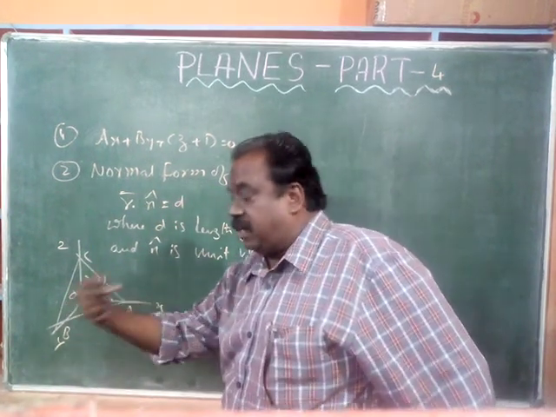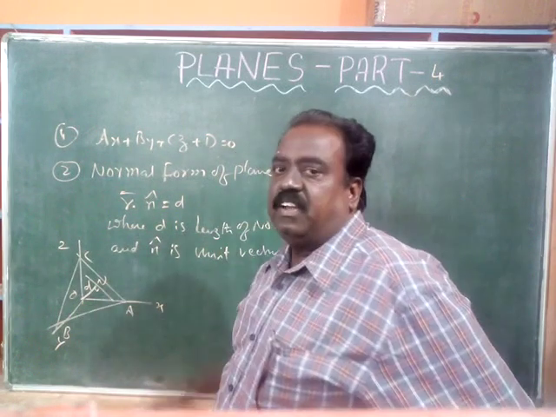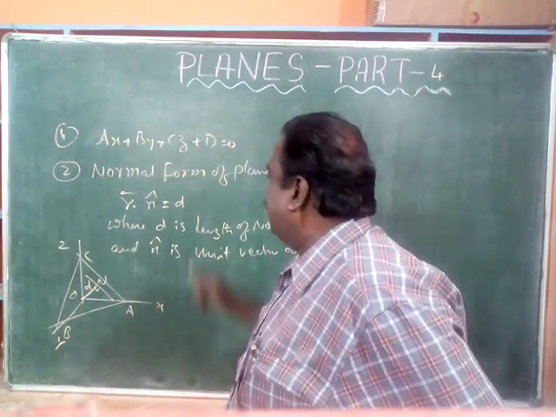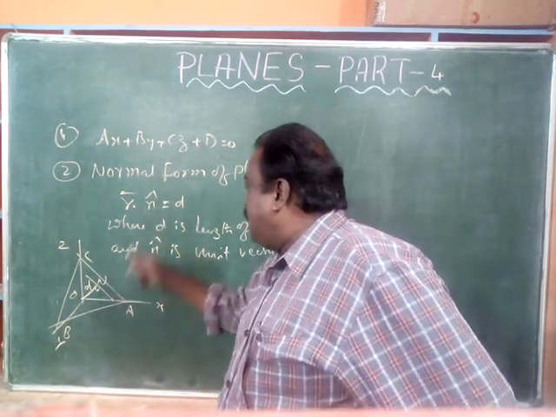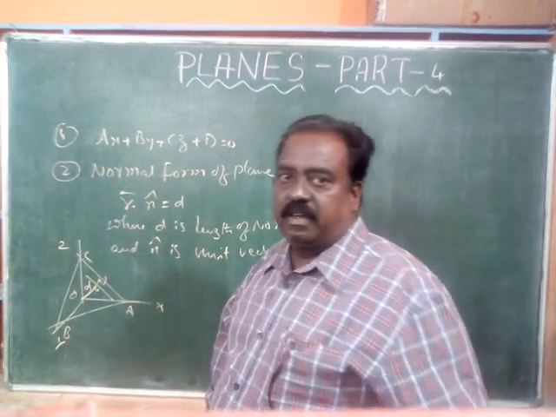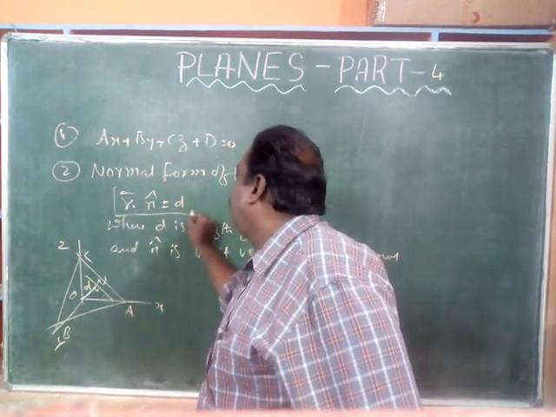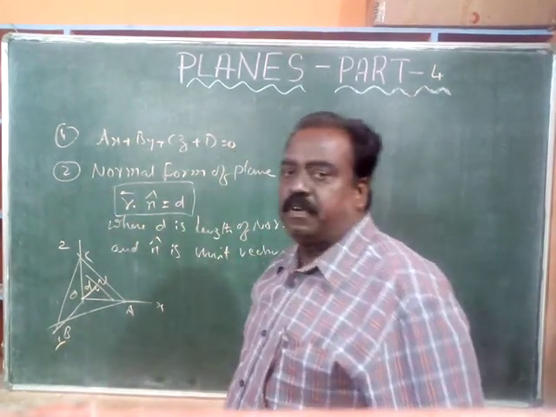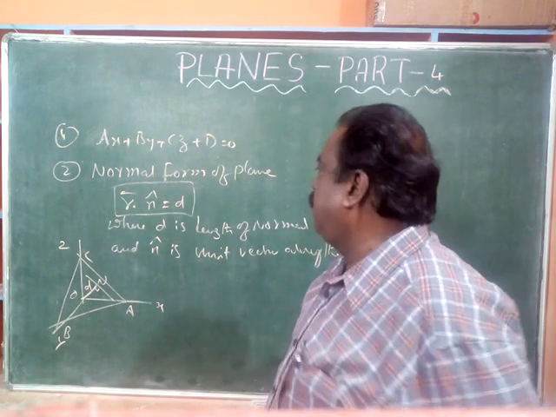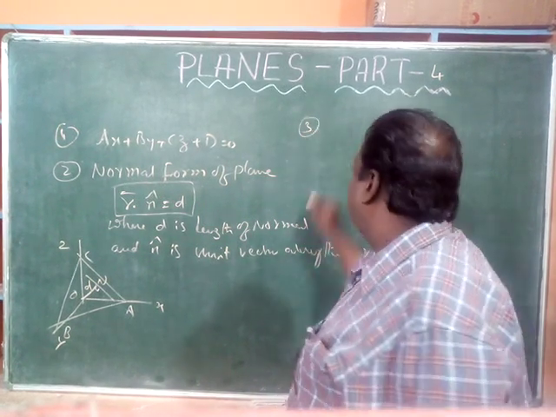From origin to that surface of a plane is OL, that is d units length. Okay, na? And n cap is unit vector along the direction OM. The n cap is a unit vector. Then this is the normal form of equation of a plane.